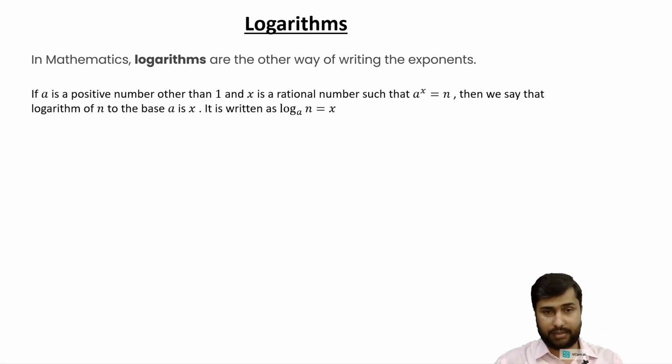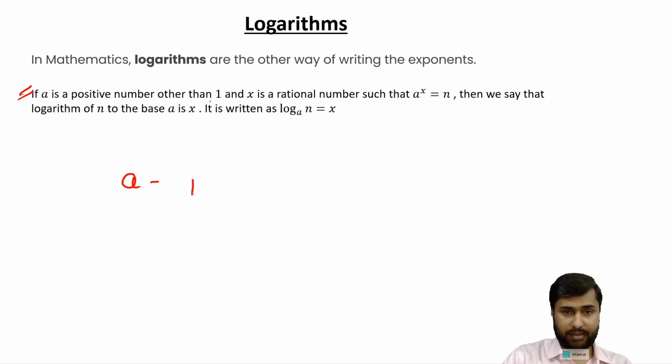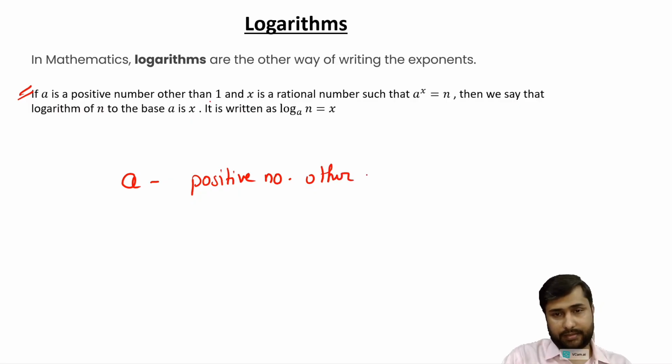Let us have a look at what exactly the definition is saying. It says, if a is a positive number other than 1 and x is a rational number. So let us talk about a. A is a positive number other than 1.